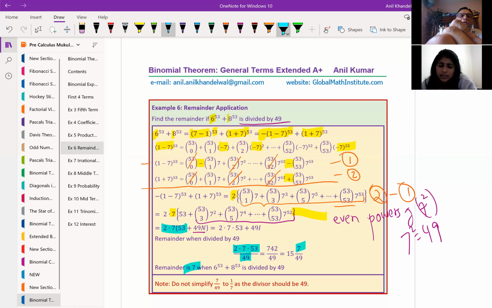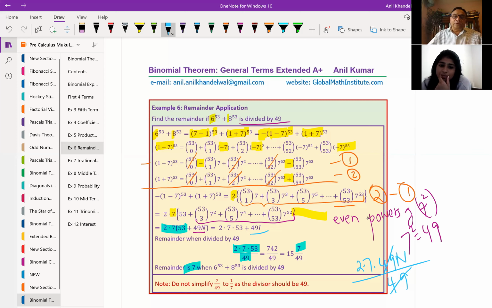So even if you do it, you get a 0 remainder, because that number, 2 times 7 times 49n, is a multiple of 49, the 49 cancels. You get a whole number, right? So 0 remainder. Do you see that? So it's only 2 times 7 times 53 that will give a remainder. That's why I wrote that it is 49 times some other integer, when you multiply by 2 and 7. This is a multiple of 49 and therefore no remainder.